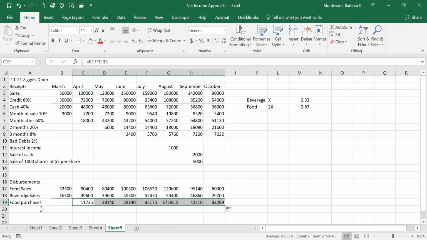And it's all about following directions. So food purchases are 35% of food sales. They are paid for in the following month. So food sales for March are this. The 35% would be paid in the next month or April.